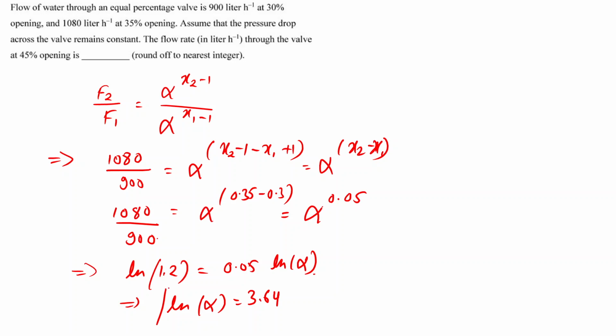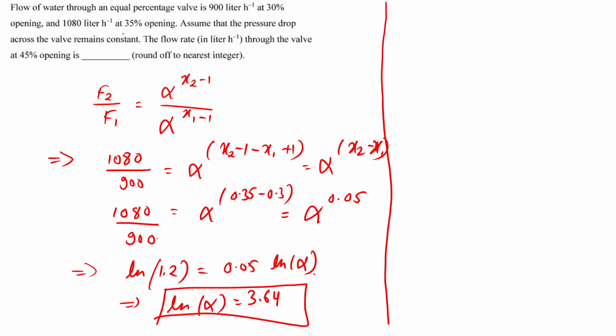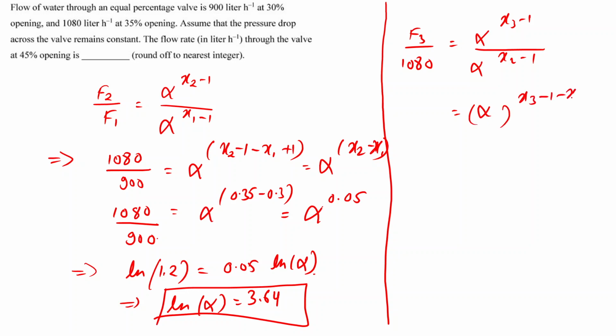So we will be using this value for our next case, in which we have been asked to find the flow rate at 45% opening. So F3 is unknown. Let's take F2, which is 1080, is equal to alpha raised to x3 minus 1 upon alpha raised to x2 minus 1. That can be written as alpha raised to x3 minus x2.